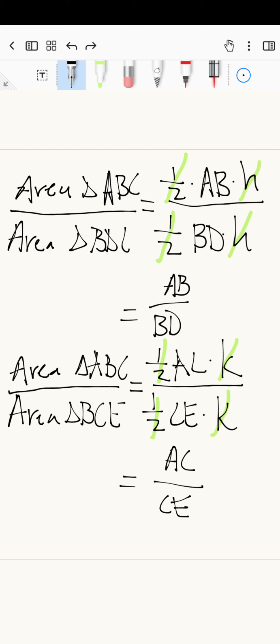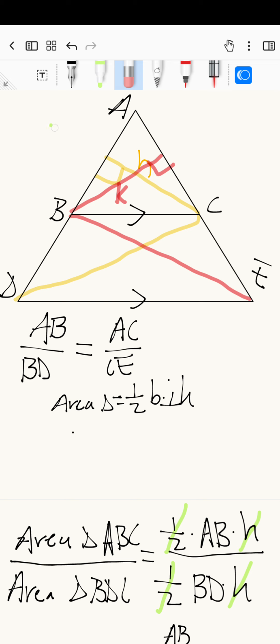Similarly, we said the area of ABC divided by the area of BCE, and that gave us the right-hand side of our ratio. Okay, the construction looks like that. So all of the things that are drawn on that triangle is what you need to be able to draw in. Also, we are making a reference to K and H, so make sure that that is shown also on your diagram. Great, so we're almost done.